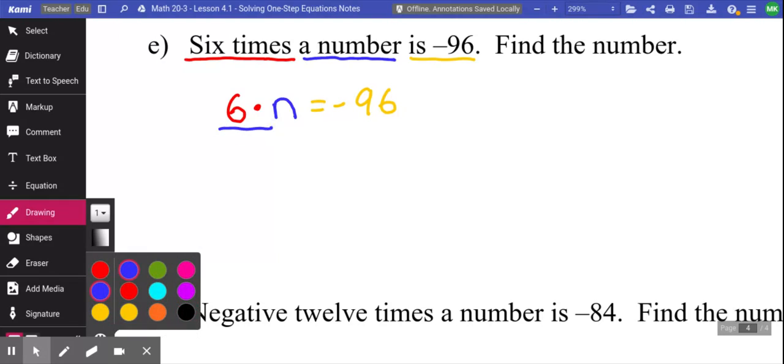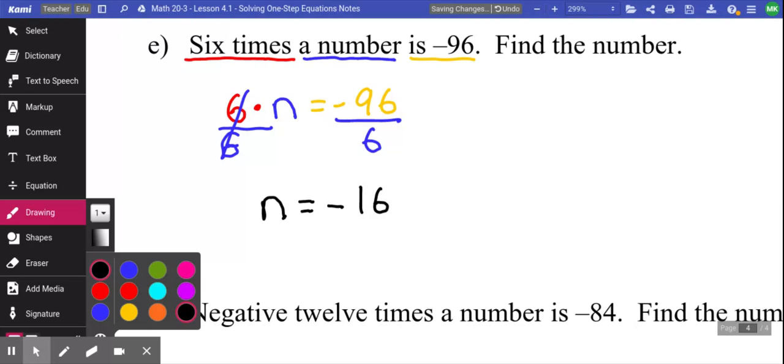So we divide both sides by 6. Those will cancel. I'm left with n equals negative 16, I think. Yeah, thank you. Okay, set it up, solve it with opposite operations. Please practice.